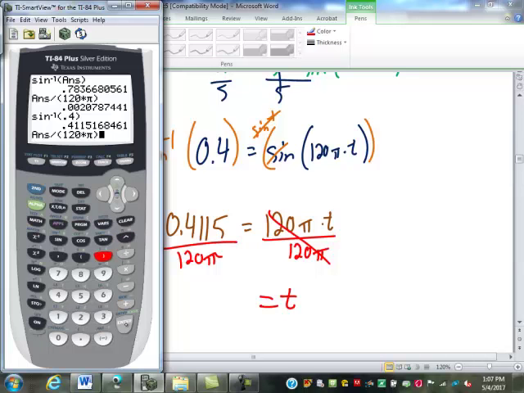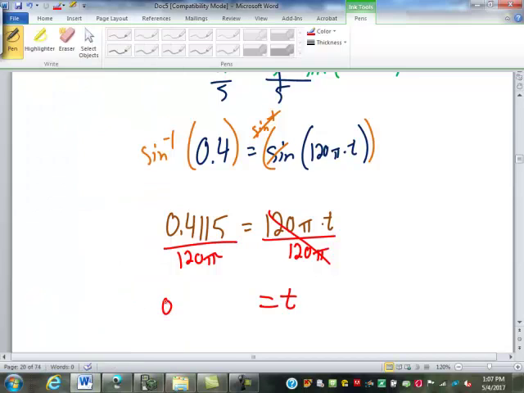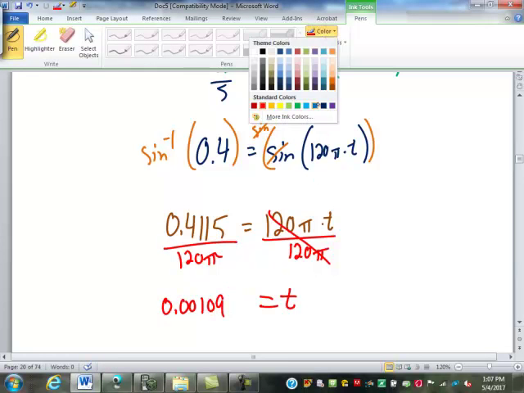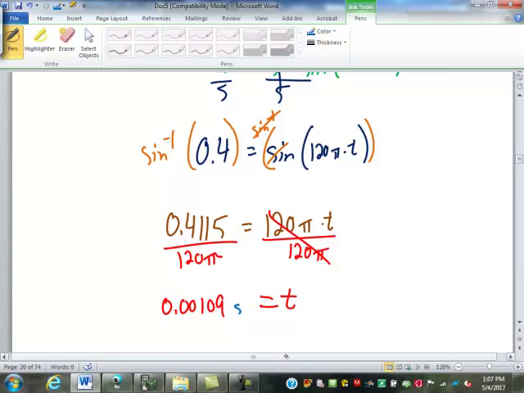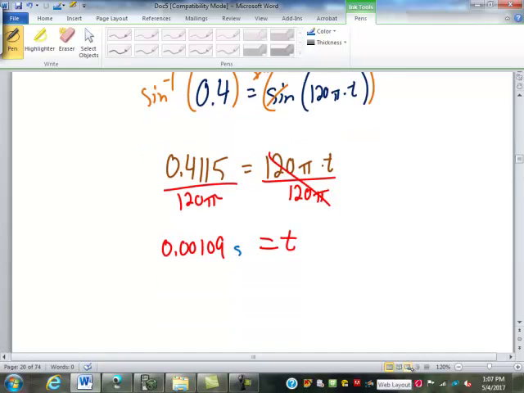Close the parentheses. 0.00109. And of course, that will be labeled seconds. So that means we're looking at what? 1.09 milliseconds.